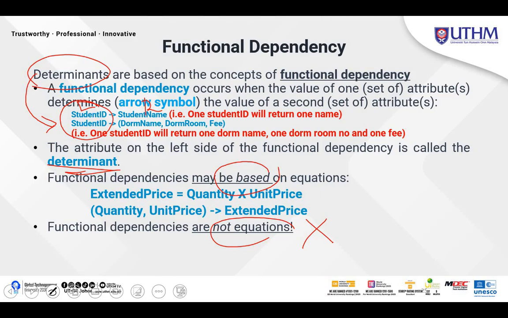Which means that extended price is determined through quantity and unit price. They are not equal, which means that unit price and quantity are required to determine extended price. So in this case, the functional dependency will be quantity and unit price, known as the determinant.